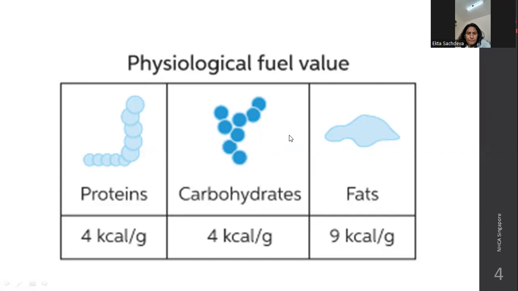Also taking into consideration the amount of protein, fat, or carbohydrates lost in digestion, because whatever you eat is not completely absorbed by your intestine. Some part of it you will lose through feces, in the form of undigested food. So taking into consideration the losing aspect, we have these values.